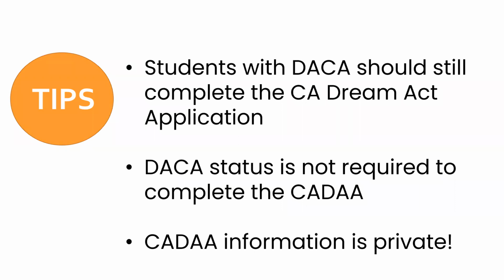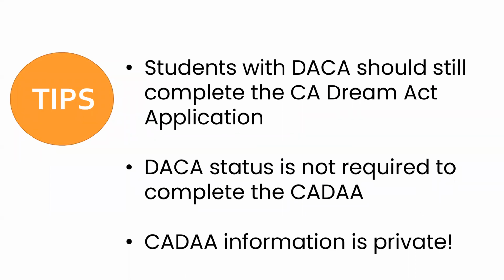But even if they have a Social Security number issued through DACA, they still need to fill out the California DREAM Act application. It might say on the card something like valid for work only with DHS authorization. And in that case, they would not fill out the FAFSA, they would still fill out the CADA.